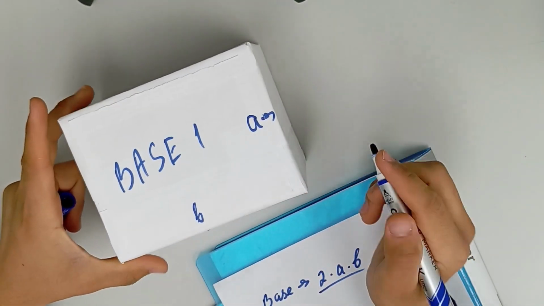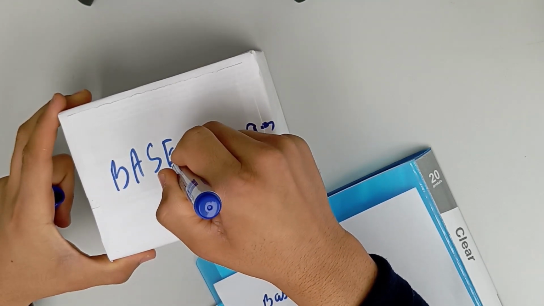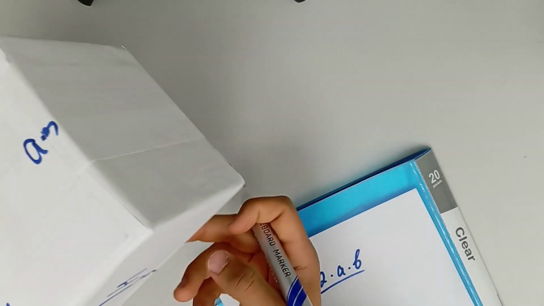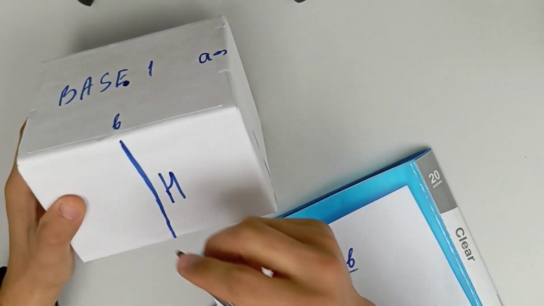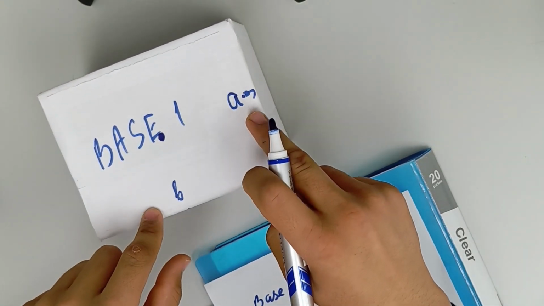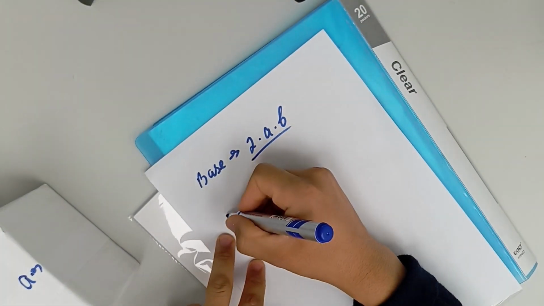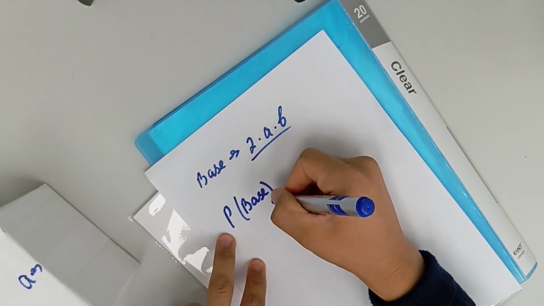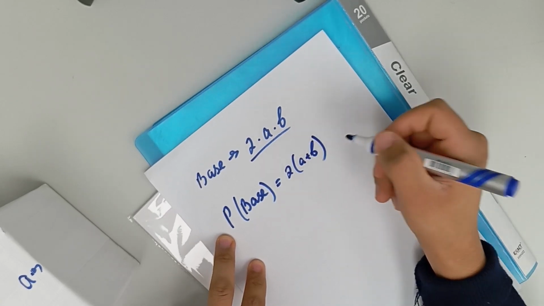Why? The height is measured between the center of the top base and the center of the bottom base, and this will be equal to this one, so h is this. We also need the perimeter of the base, which you can see here is equal to 2 times (a plus b).